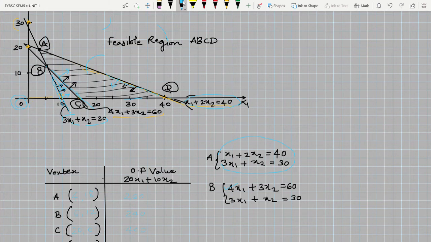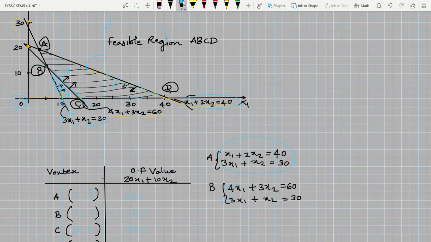Point C is lying on the x1 axis. X1 axis means which coordinate is 0? X2 coordinate is 0. So you can very easily see the coordinates of point C. This is at the middle of 10 and 20, so it is 15, 0.